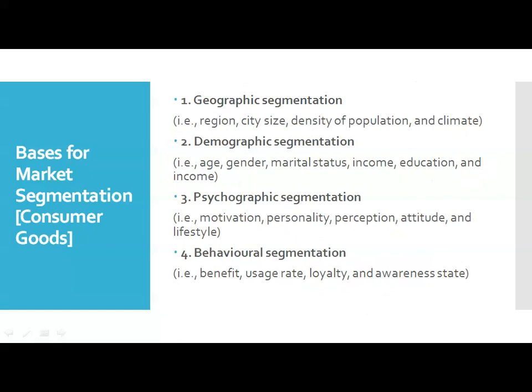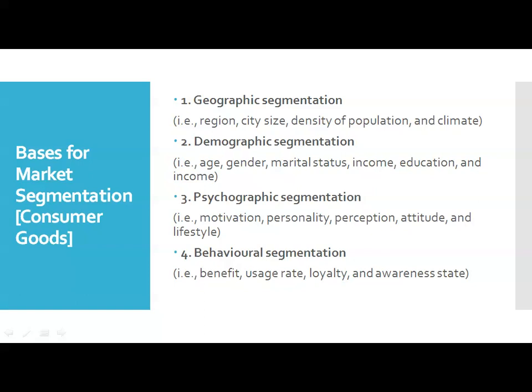The basis for market segmentation for consumers, as rightly said, can be divided into geographic segmentation, where we can divide the market depending on the region, city size, density of population, climate, etc. Demographic segmentation: we can divide the market according to age, gender, marital status, income, education, and so on.